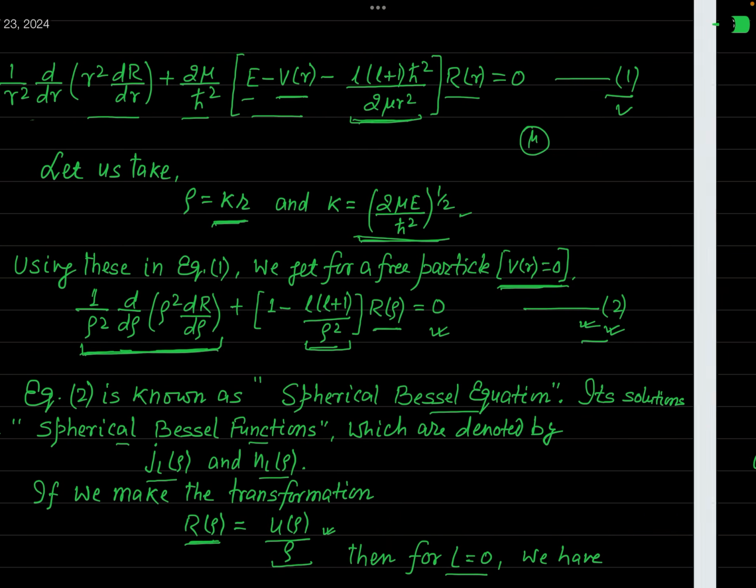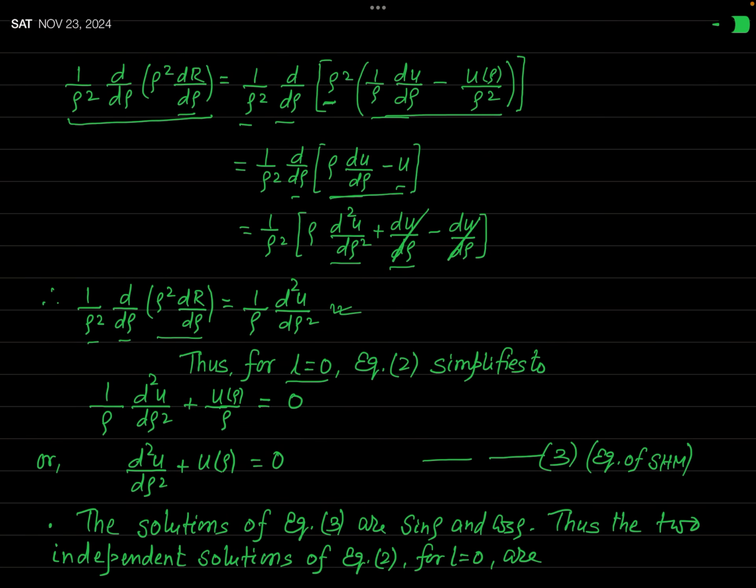So making these substitutions in this equation 2, this equation becomes 1 over rho times d2u by d rho square plus u of rho over rho equal to 0. Now if 1 over rho is not equal to 0, or you can say rho is not equal to infinity, then our equation becomes d2u by d rho square plus u of rho equal to 0.